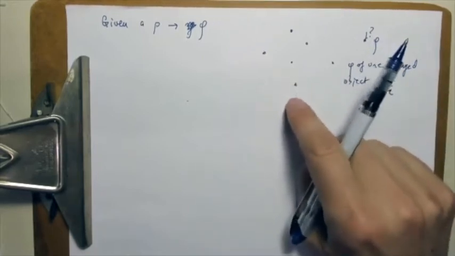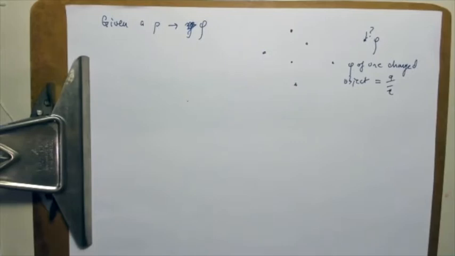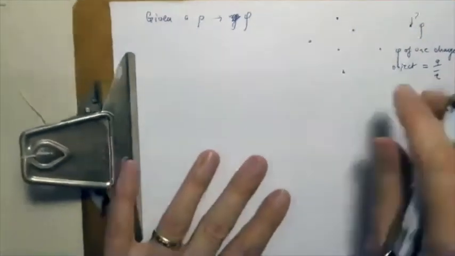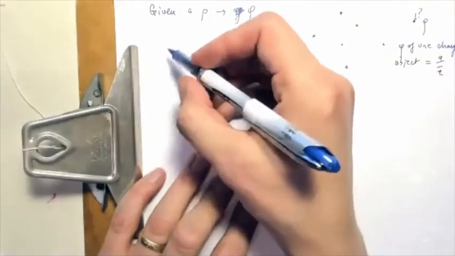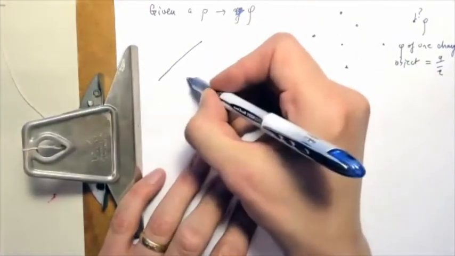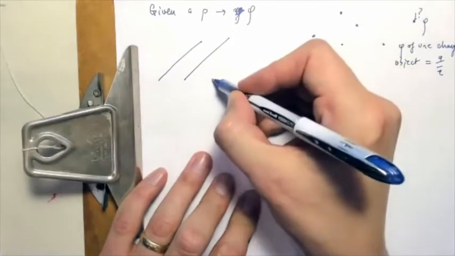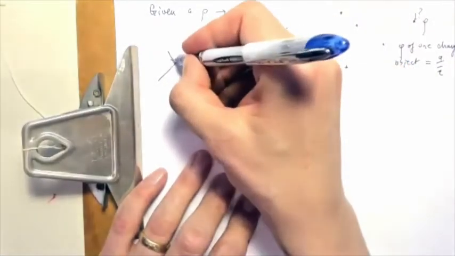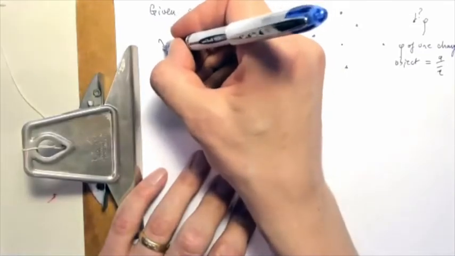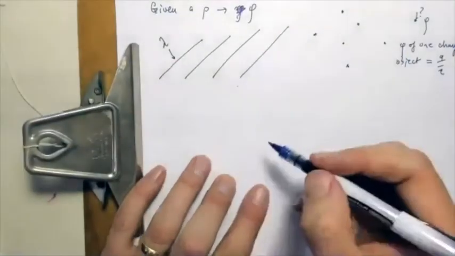Now, this does not always work. So let me walk you through one example where that doesn't actually work. So, for instance, if we have a set of, and this is a problem that is in the book, a set of lines here. These are charged lines. So they have linear charge density lambda.